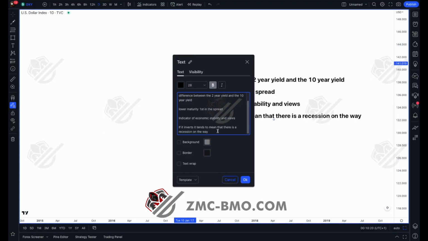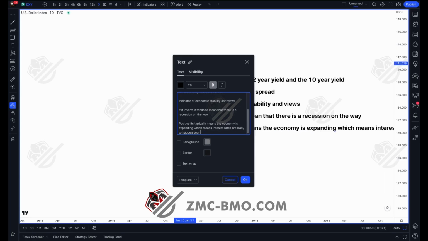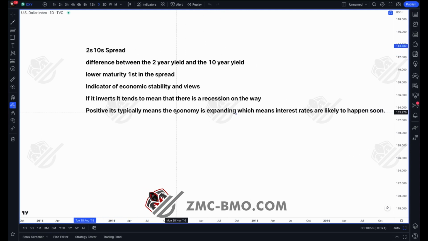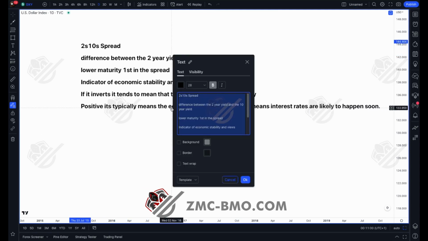So if it inverts, it tends to mean there's a recession on the way. Of course, if it's positive, it means the economy is expanding, which means interest rates are likely to rise soon, because if the economy is expanding, inflation is likely to move higher as well. And as we know, the central bank wants to fight that as early and as swiftly as they can.